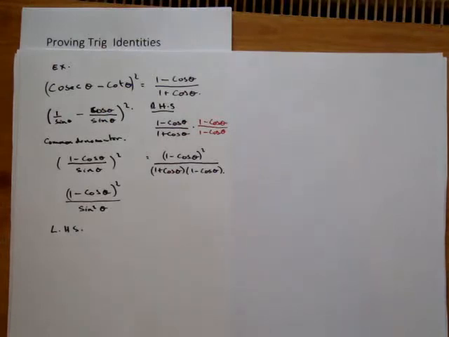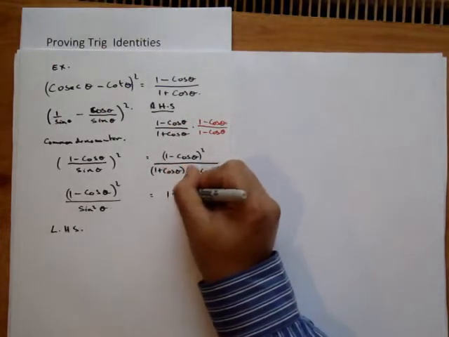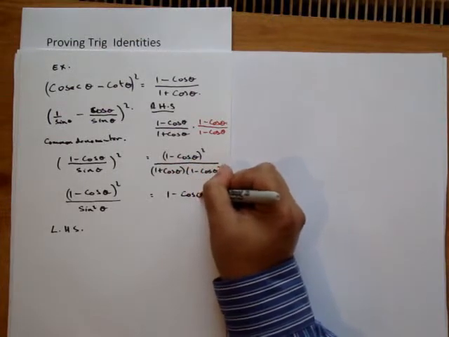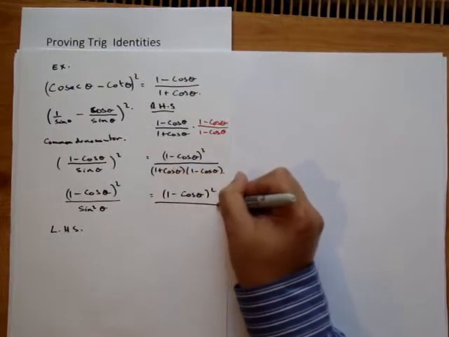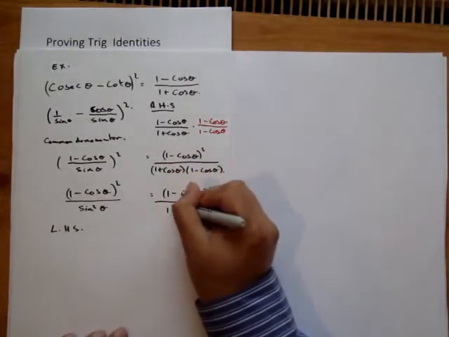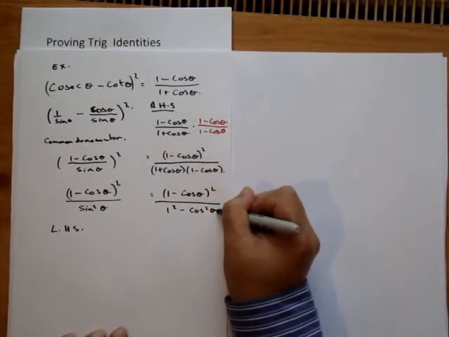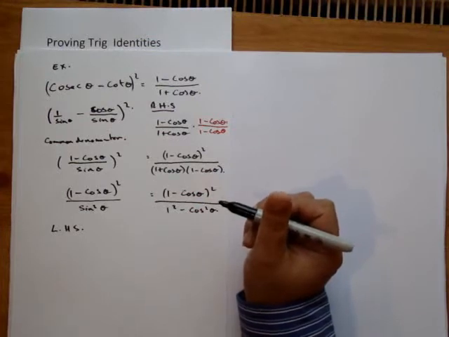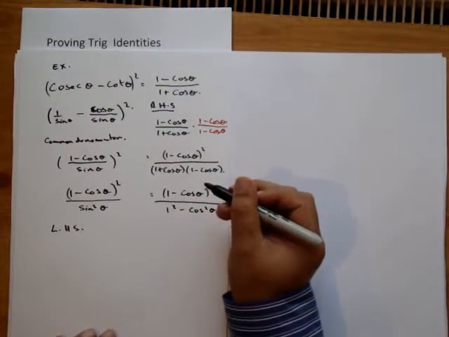So doing the reverse of that, we get 1 minus cos theta squared all over 1 squared minus cos squared theta, or 1 squared is just 1, so 1 minus cos squared theta.